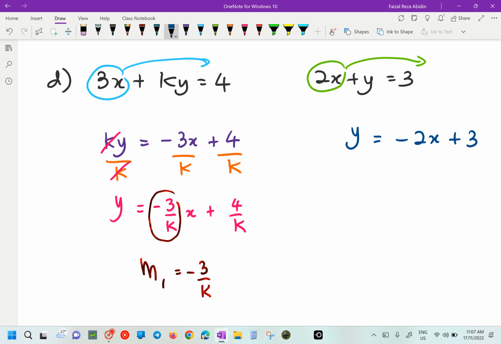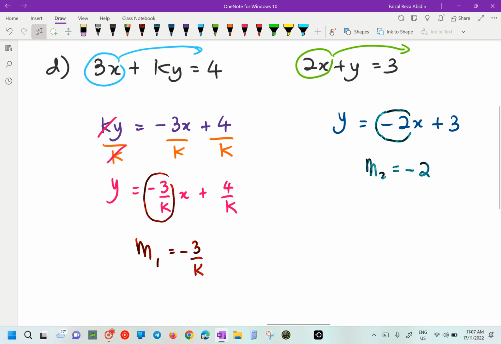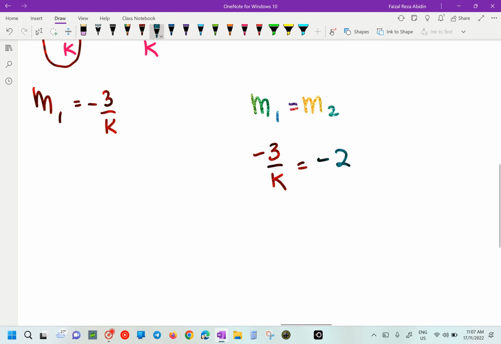Okay, so yes, this is your m2 here, negative 2. What must you do next? M1 equals M2. Yes, we know that when it says that our two lines here are parallel, we are going to take our gradient over here. So we are going to substitute, okay, equals our negative 2. So what must you do here?